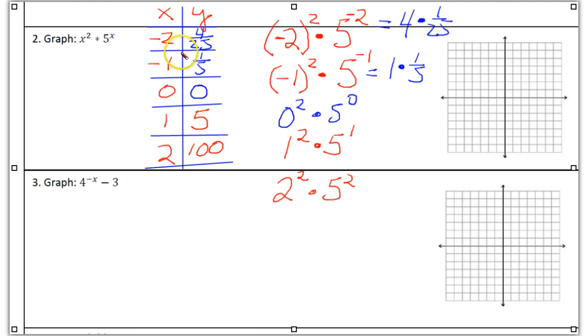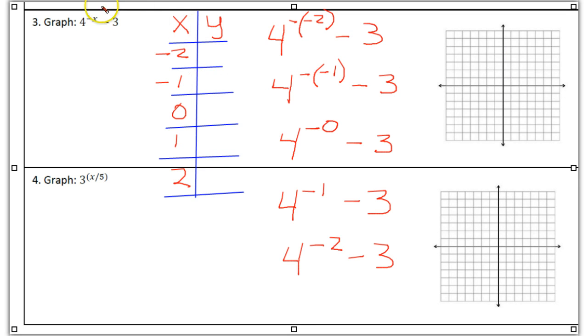Now you see we have some points that are near our origin, and then it quickly goes off the scale, but they want us to sketch this. So we get a little curve here, but then it goes back down to 0, and then it shoots way up.